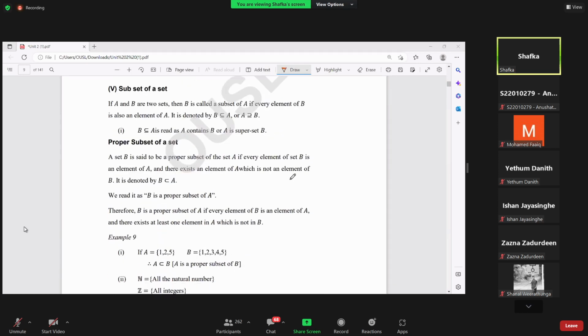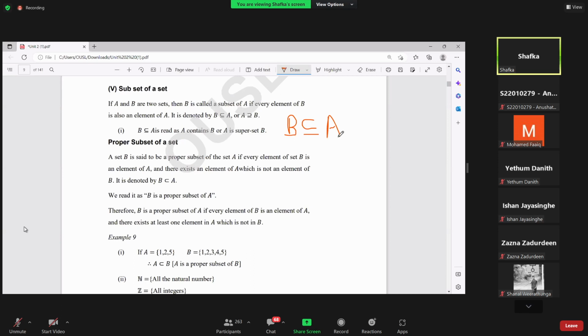Then let us move to the subset of a set. If A and B are two sets, then B is called a subset of A if every element of B is also an element of A. We represent it as B is a subset of capital A. All the elements in B are in capital A. So we call A the superset of B as well.